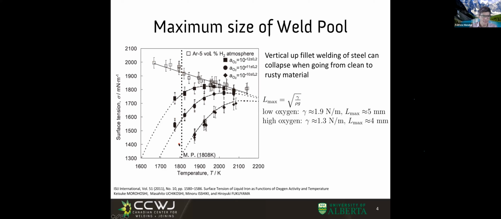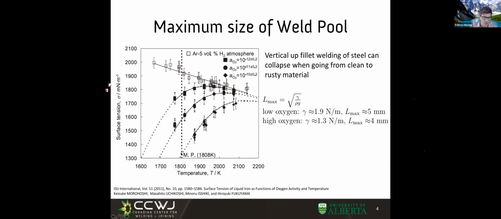And if I have a significant amount of, sorry, I said sulfur. Sorry, I said it wrong. Everything I said would be the same, but this graph is about oxygen. So sorry, this is oxygen. If you have no oxygen, you have a high surface tension.